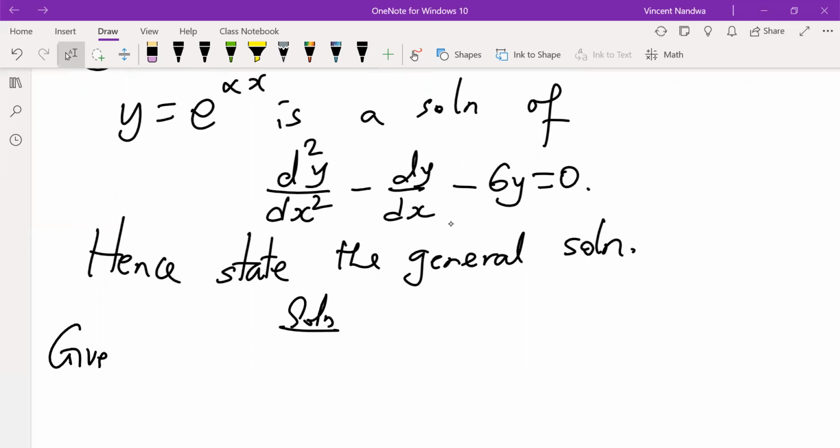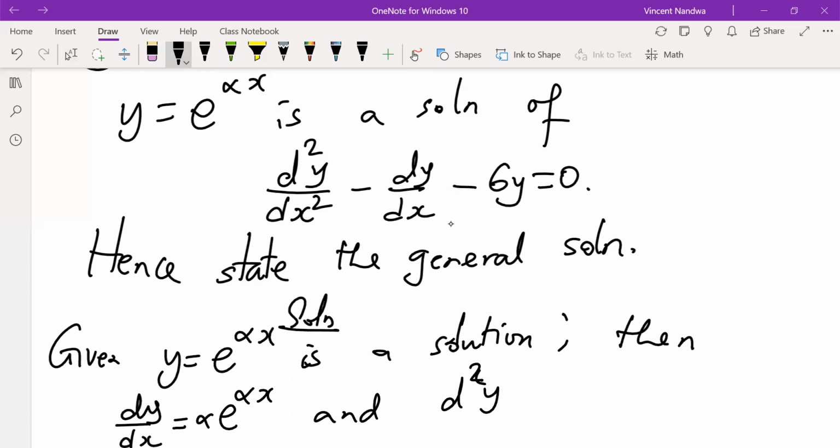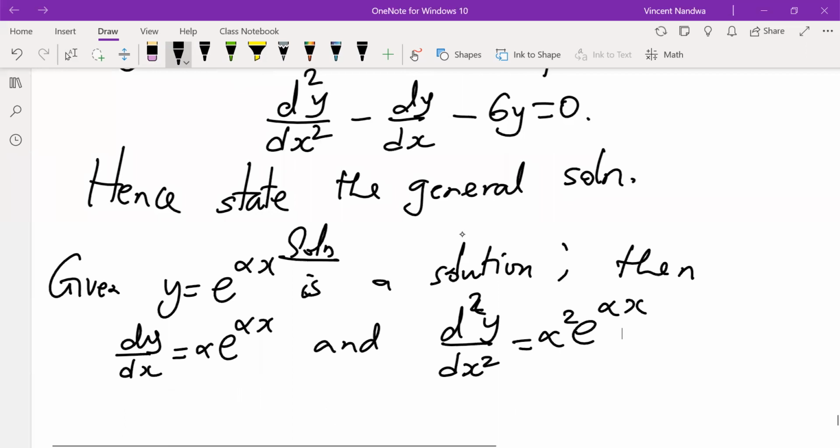So given y equals e raised to alpha x is a solution, then dy/dx is alpha e raised to alpha x, and this is like the trial solution, and d squared y/dx squared is alpha squared e raised to alpha x. So when you replace these values into the differential equation, then it should be satisfied.